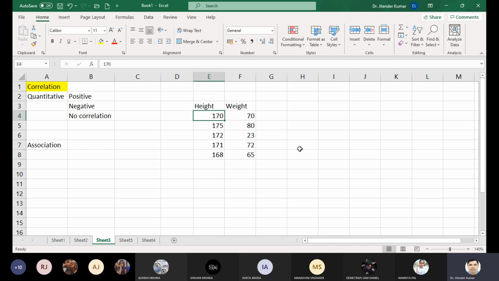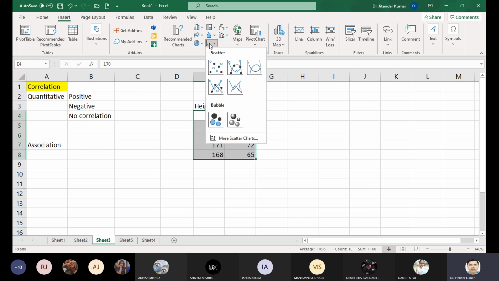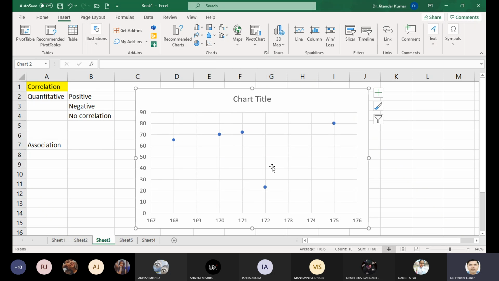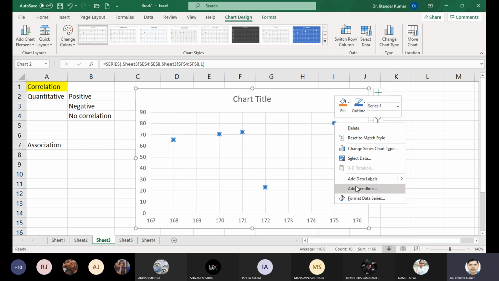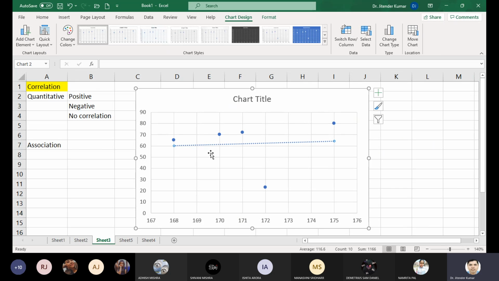Let us assume I have collected this data on height and weight from 5 individuals. If I want to know whether there is any correlation between these variables, I can draw a scatter plot and plot a trend line also. That trend line is going to tell me whether there is any correlation existing between these variables.